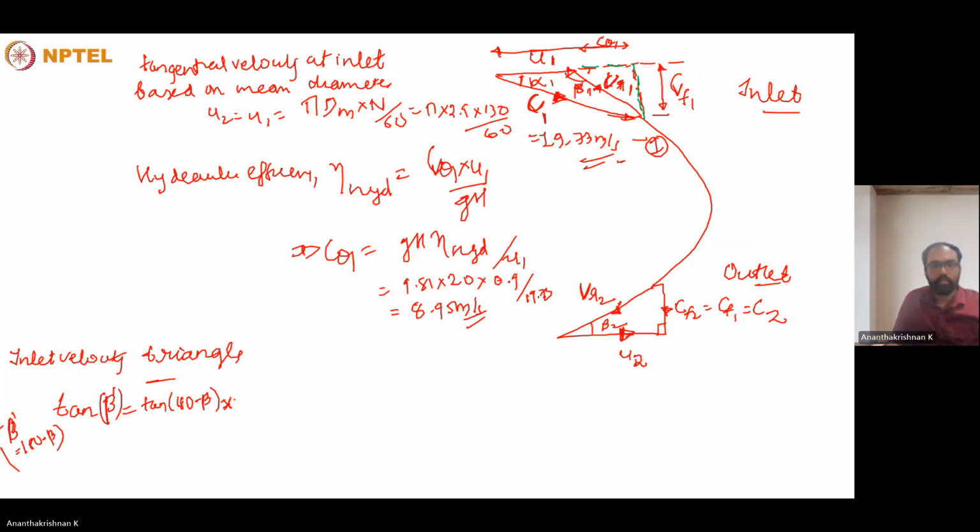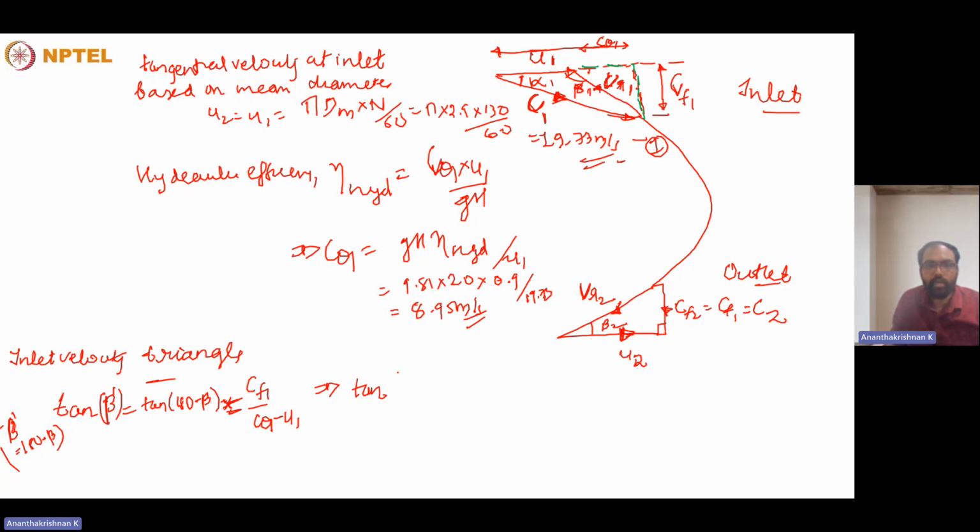So if you write it like so, it will be tan of 180 minus beta equal to CF1 divided by U1 minus C theta 1. So effectively, the smaller angle beta dash will become equal to CF1 divided by C theta 1 minus U1.